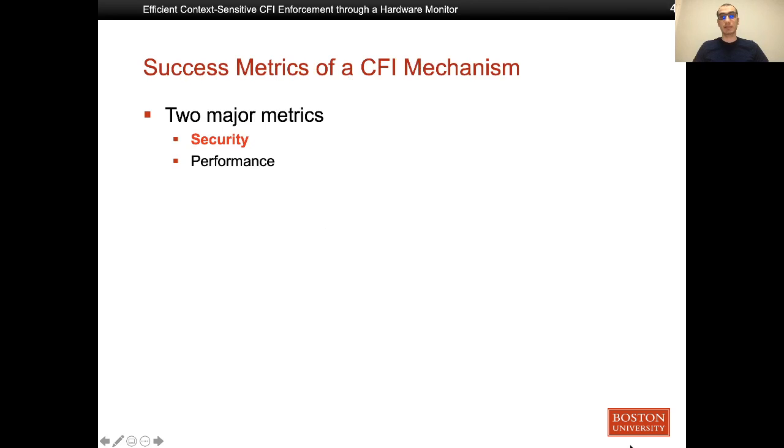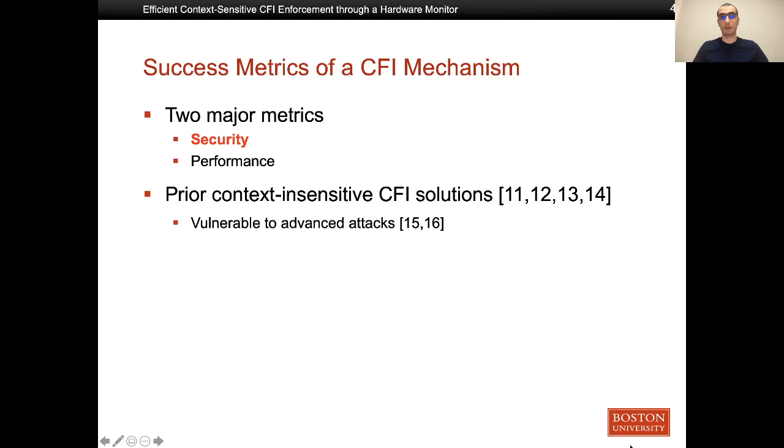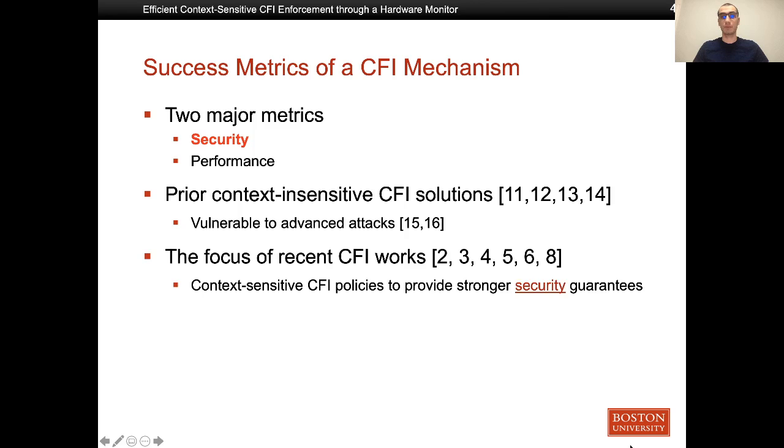The success of a CFI mechanism mainly relies on two metrics, which are security and performance. Prior CFI solutions were focusing on context-insensitive CFI policies, and recent works show that these kinds of policies are actually vulnerable to advanced attacks. Therefore, recent CFI works focus on context-sensitive CFI policies to provide stronger security guarantees.